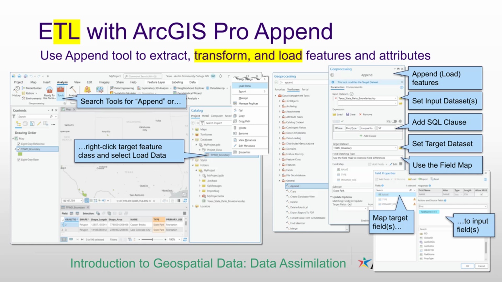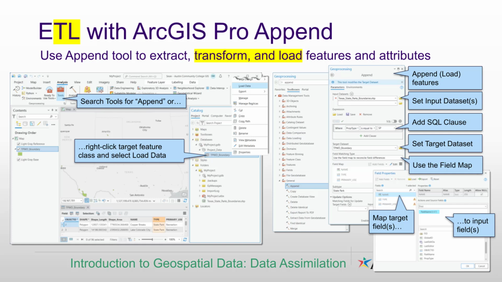So on the left are the fields for the target data set, and you can see I have a name field. And then on the right, I've said that the name field in the target data set is the same as the park name field in the input data set. So all the values in the park name field will load into the name field in the target data set.